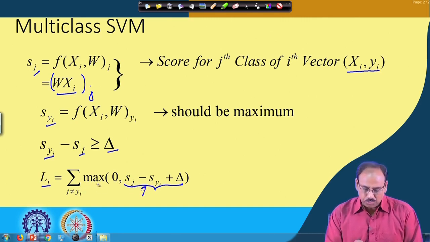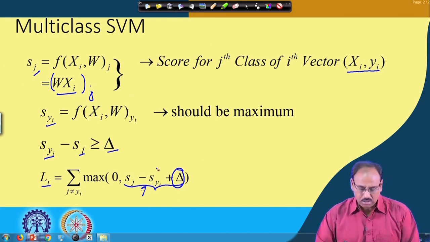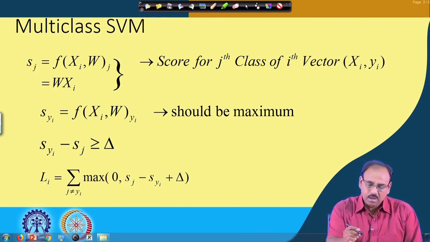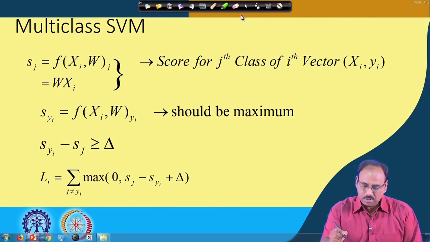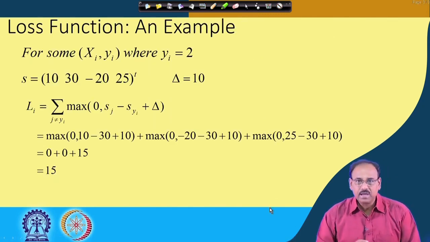And the output of this max function will be equal to 0 only when s y i is greater than s j by at least this threshold amount delta. And you sum it over all j not equal to y i to get the loss component L i. And the overall loss that you get is given by the sum of all these loss components.